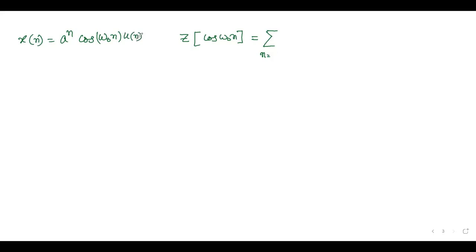Un means it is valid for n greater than or equal to 0, so this is the summation from 0 to infinity of cos omega 0 n z to the power minus n. What is cos omega 0 n? It is e to the power j omega 0 n plus e to the power minus j omega 0 n, divided by 2.